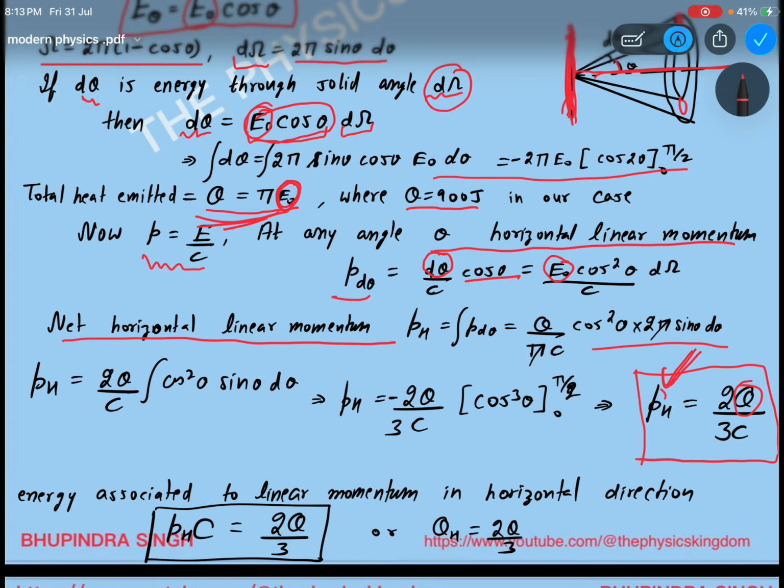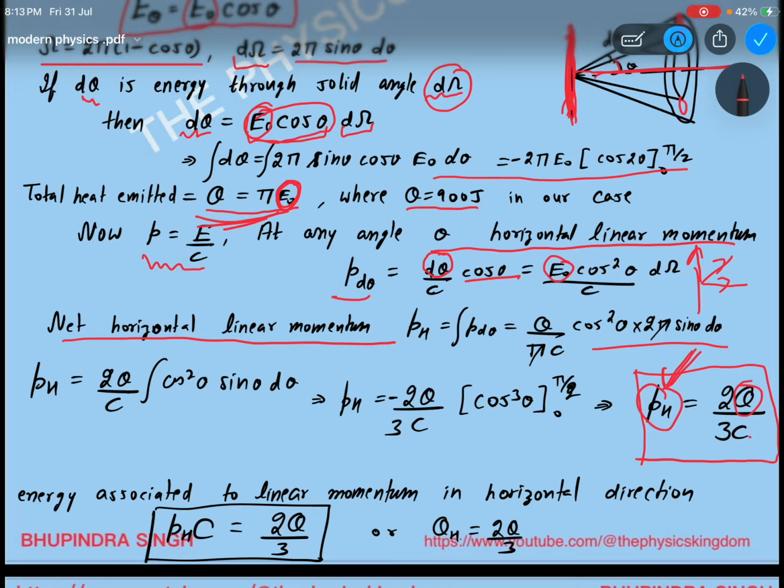Again, now linear momentum into C is what beta? Energy. So if Q is the total energy emitted, then consider the energy associated with all the rays having horizontal linear momentum. Linear momentum is a vector quantity, na beta? So I can assume that from a surface, if rays are going out, some rays are going directly horizontal, some rays are going directly vertical, like this.